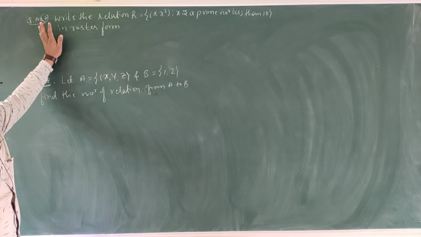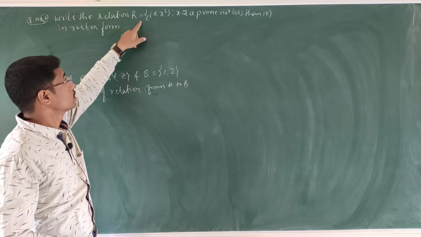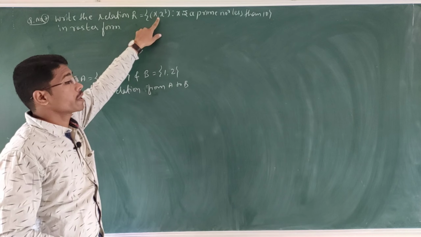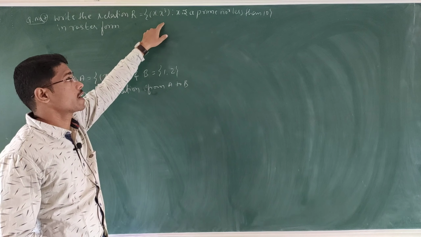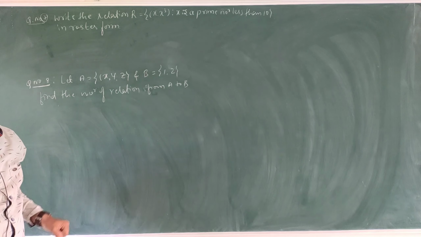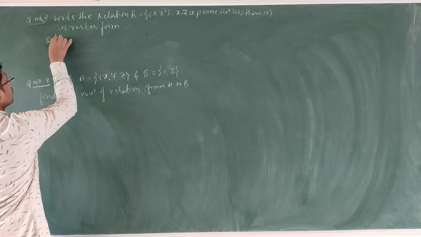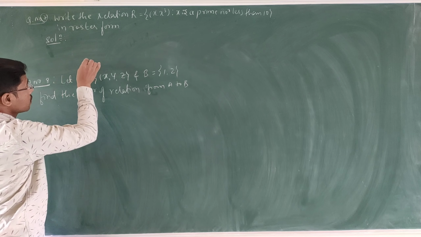Question number 7 from exercise 1.2. Write the relation R is equal to {(x, x cube) such that x is a prime number less than 10} in the roster form. See here, first note down the prime numbers less than 10.